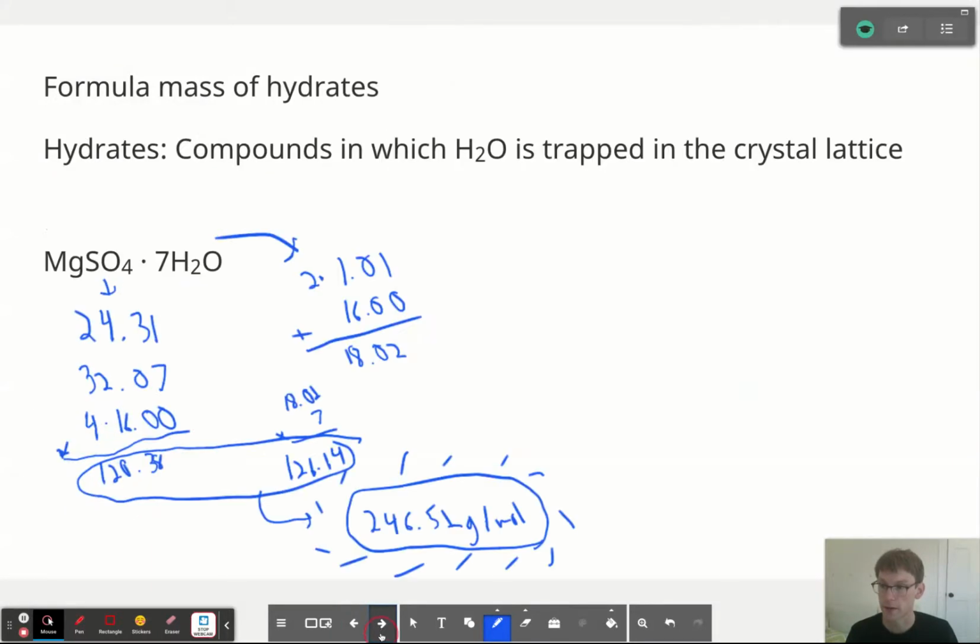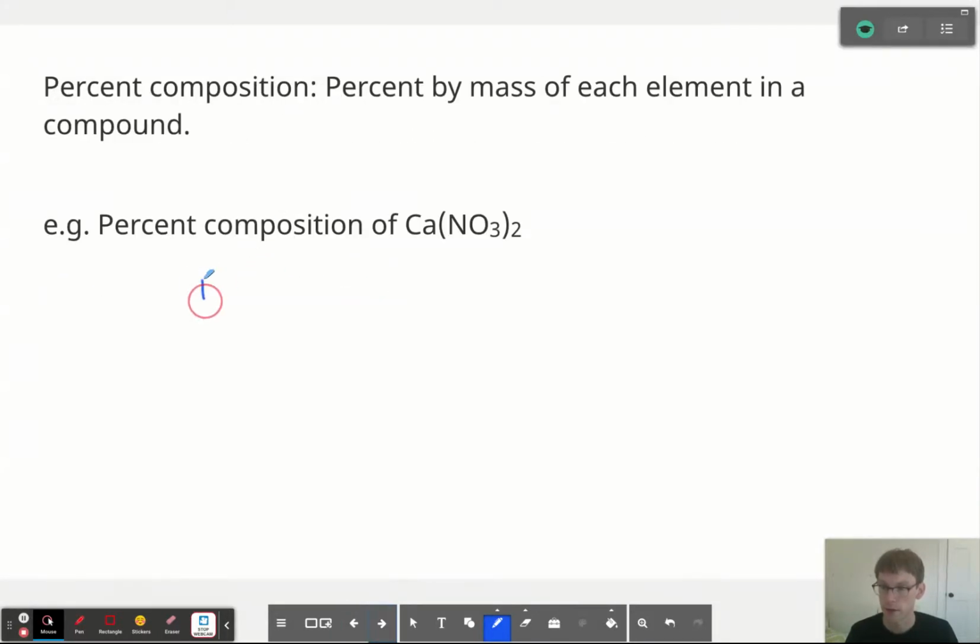So for calcium, it was 40.08 grams per mole. For nitrogen, it was 2 times 14.01, which equals 28.02 grams per mole.